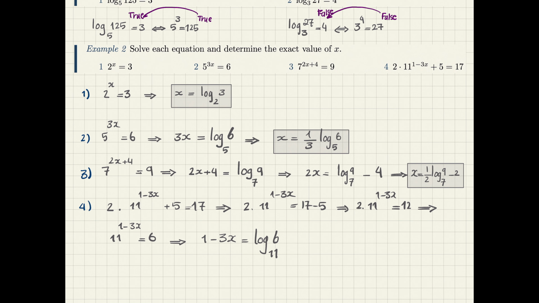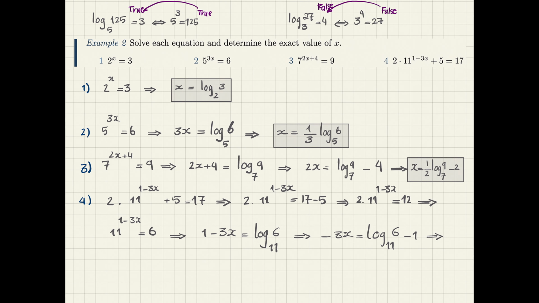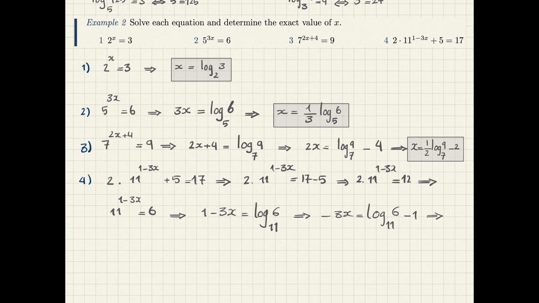But I am looking for x, so what I need to do, I move 1 to the right hand side, so it becomes minus 3x equals log of 6 in base 11. So this is a little bit similar to b. Let me clean this. This is 6. And then I have minus 3 to make x alone, so I have to multiply both sides by minus a third, yes?